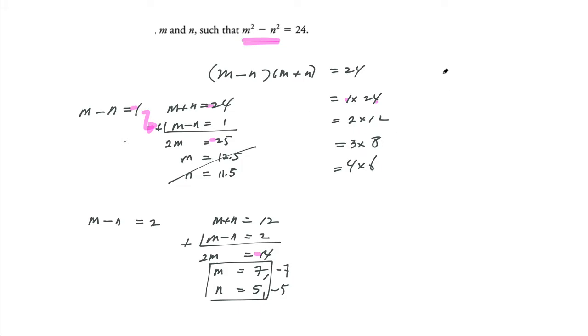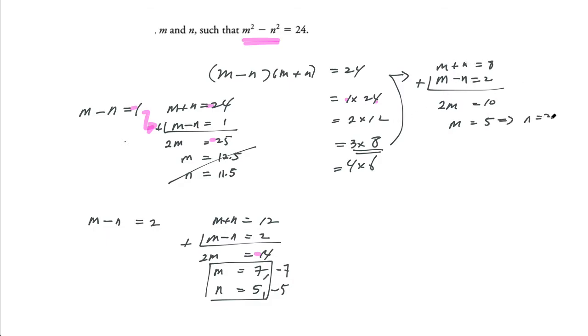Okay, let's consider now m minus n is equal to 2, and m plus n is equal to 8. Okay, that's for this case here. So 2m is equal to 10, m is equal to 5. If m is 5, n is equal to 3. Which means also n here is 5, 3, but it can also equal -5 and -3.